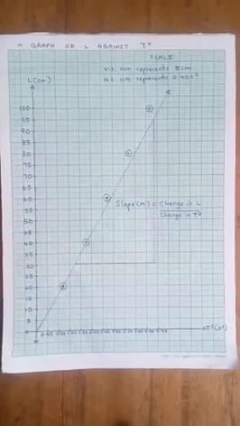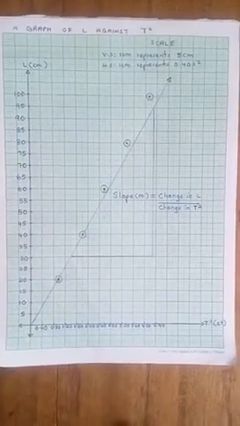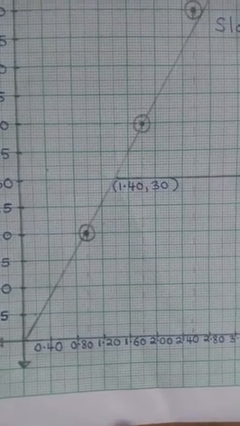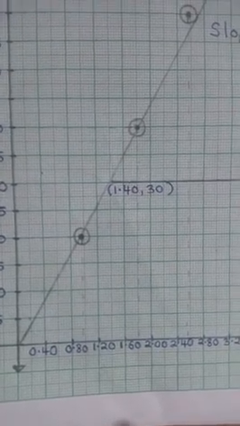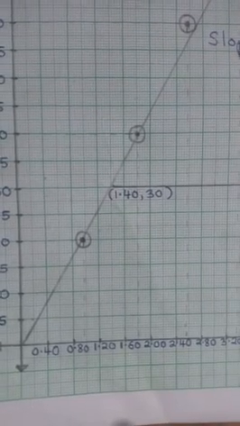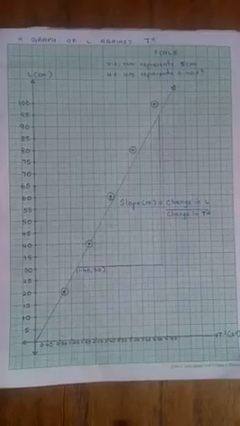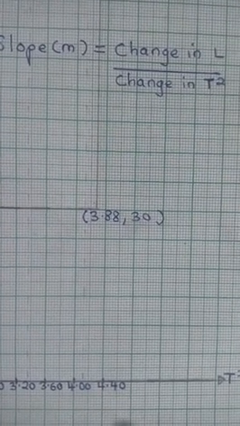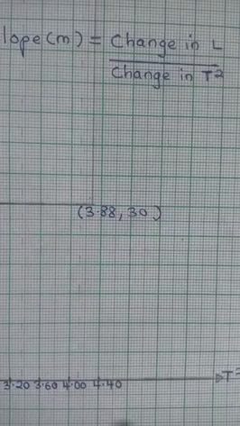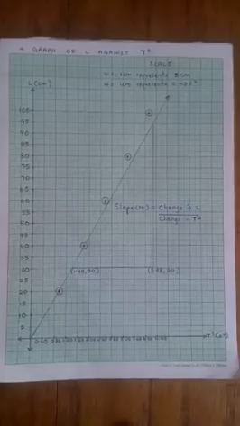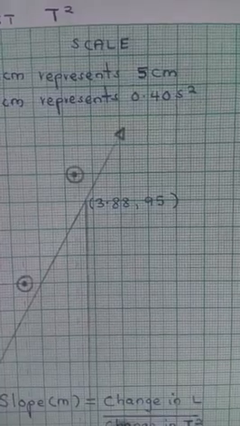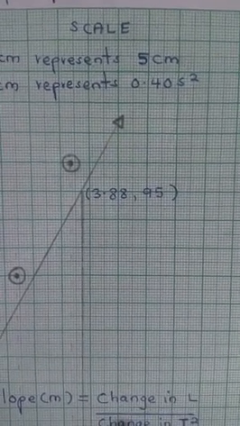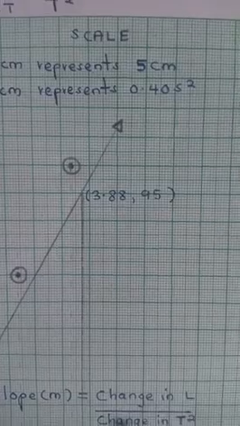Slope is equal to change in L over change in T square. Points: (1.40, 30) and (3.88, 95).